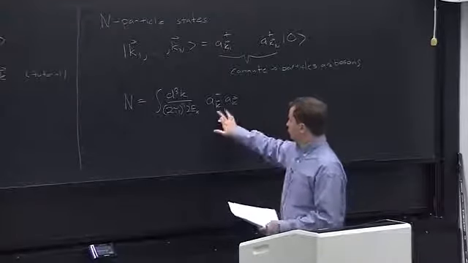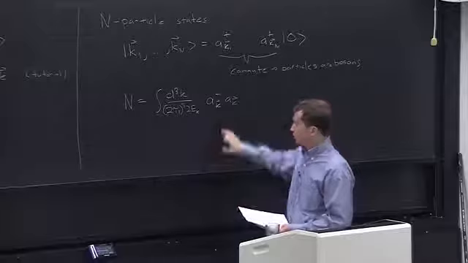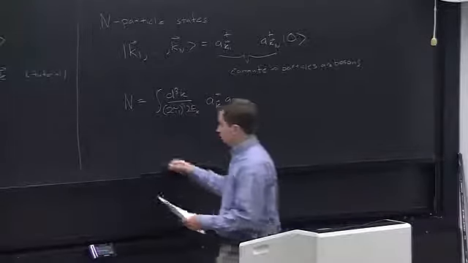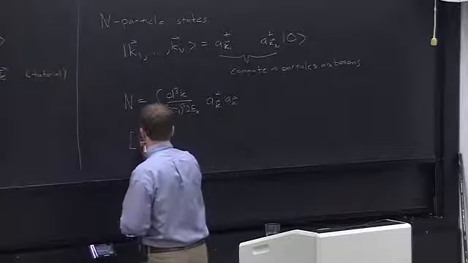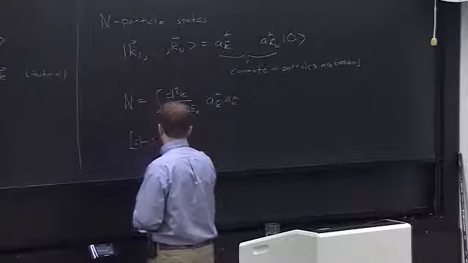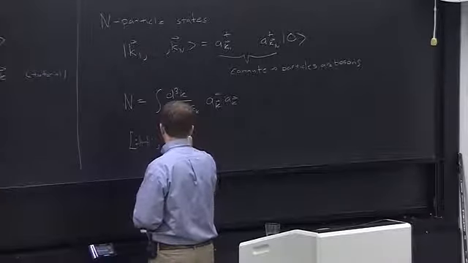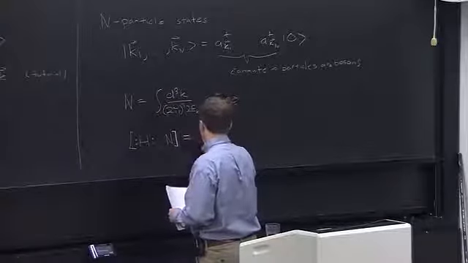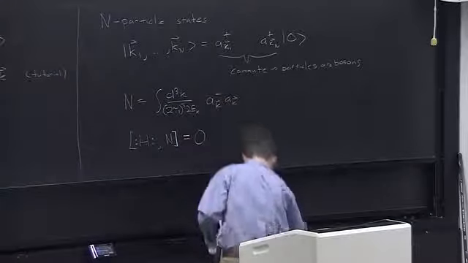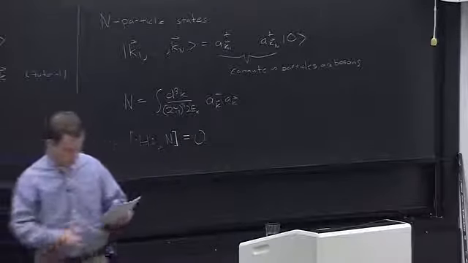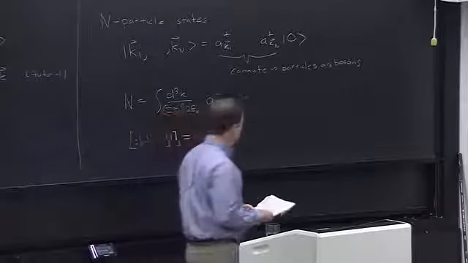And because the form of the number operator is so similar to the form of our Hamiltonian, it should come as no surprise that the number operator and the Hamiltonian commute. So this implies that particle number is conserved.